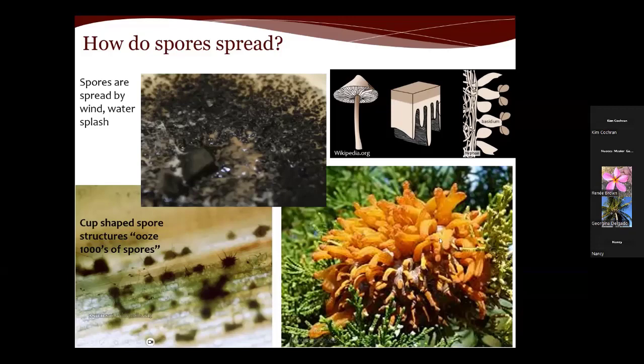And thinking about where that's located and how those little horn structures have emerged, do we think that'll be water splash or wind spread? Given that it's in the middle of a tree, I'd say wind spread, right? Because it's at a prime location to be caught up in the wind and then taken to an apple several miles away and then infect that apple, right? So the location and structure of reproductive physiology of fungi have a direct role in how their spores can be spread.